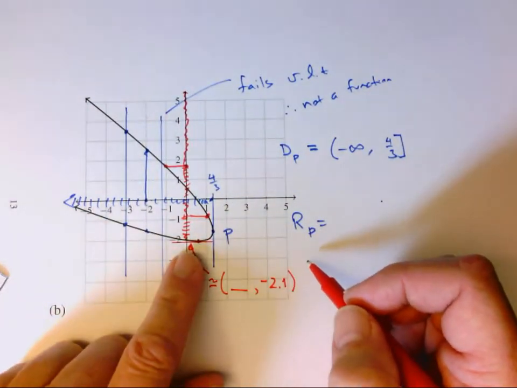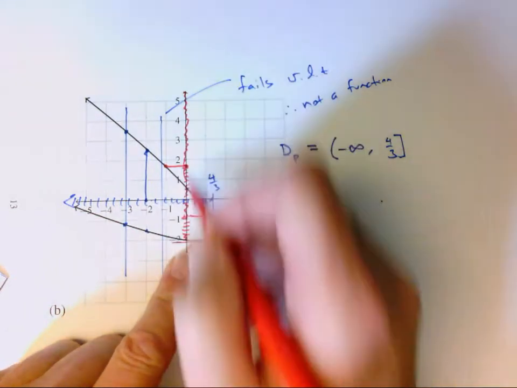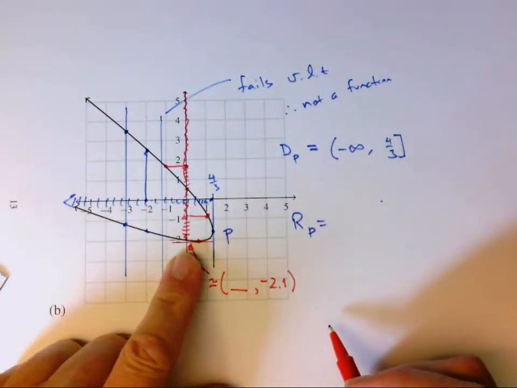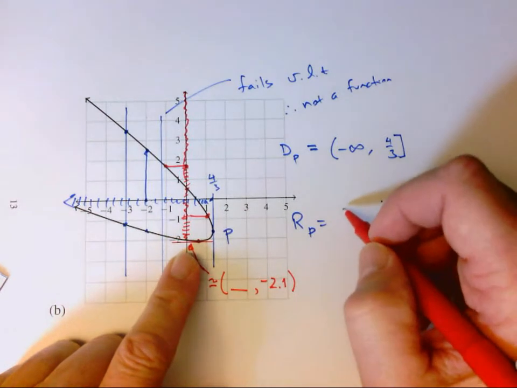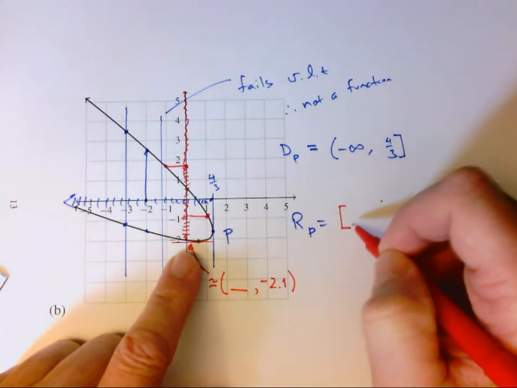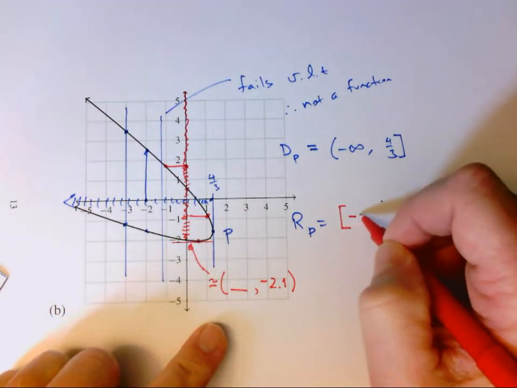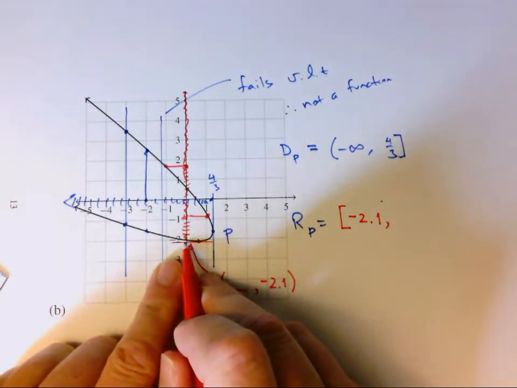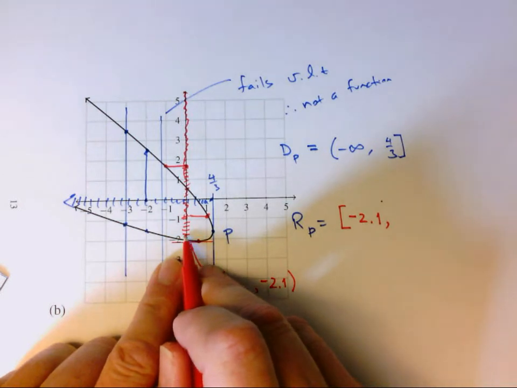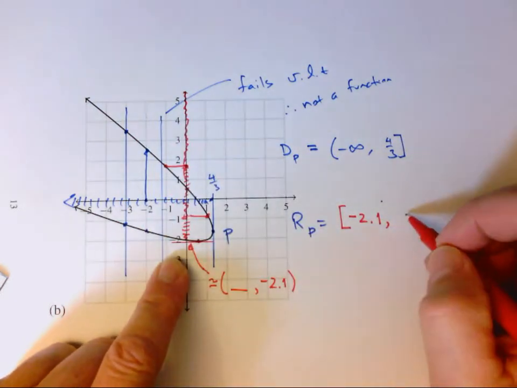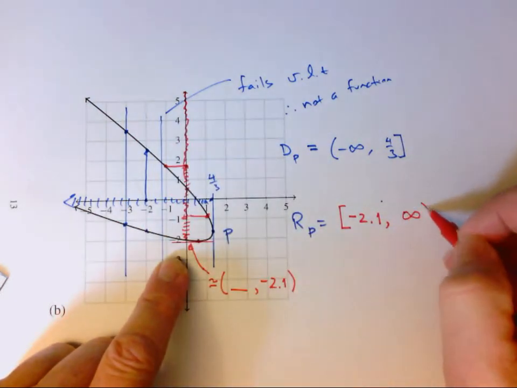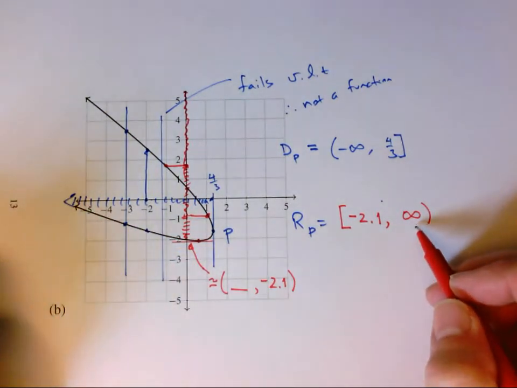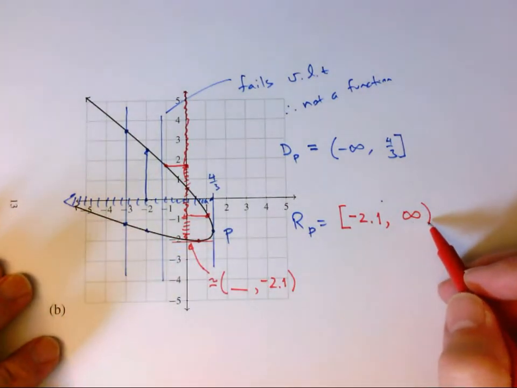So we're essentially coloring the range in the y-axis. When we get done coloring, then we simply have to write down what we've got. We have the smallest value of -2.1 in the range, and then we go up from there. So we go up and we never stop, so we'd indicate never stopping by saying infinity with a parenthesis.